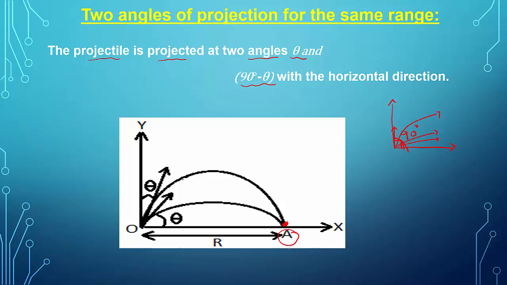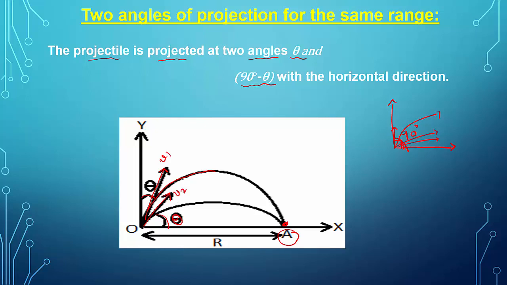When I throw, the first body is moving in this direction with velocity u. Because of acceleration due to gravity, it is moving vertically downward. The angle is how much? Theta. The second body I am going to throw in this direction. The angle between this projected body and this horizontal surface is theta here. Let us take it as u1 and this is u2.